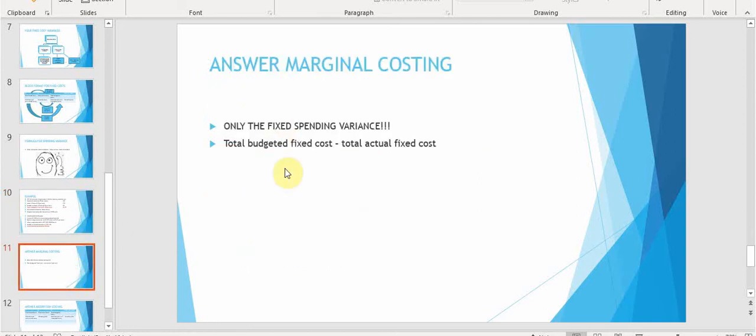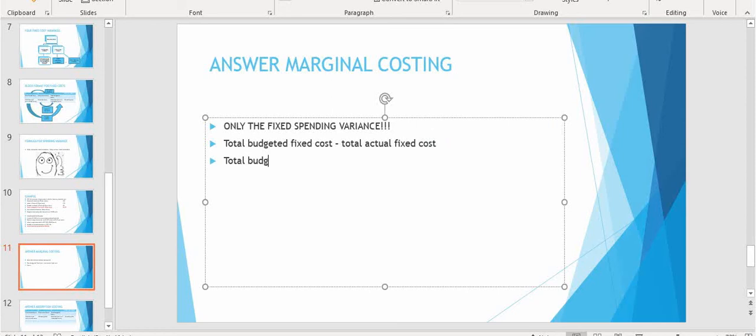So how do I calculate the total budgeted fixed costs? That will be your total budgeted fixed costs are equal to 4.50 per unit, which is your budgeted. Let me first type out the formula. It is your budgeted cost per unit times your budgeted units.